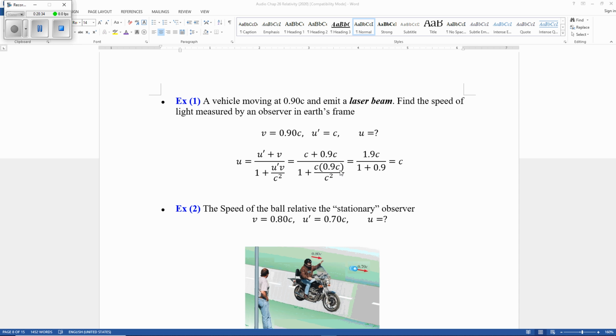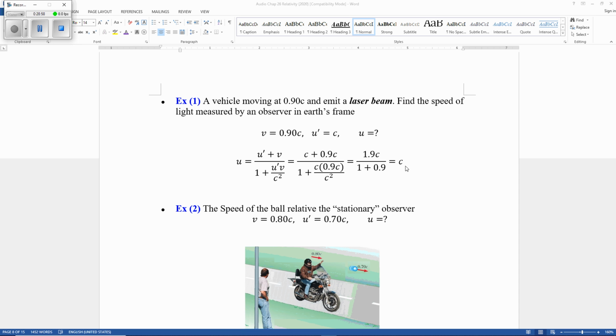So the c squared cancels with this one. So the bottom you have 1 plus 0.9. So 1.9c divided by 1.9, you see 1.9 cancels, and gives you c. So on the Earth, we measure the light, and it still gives us the same number.